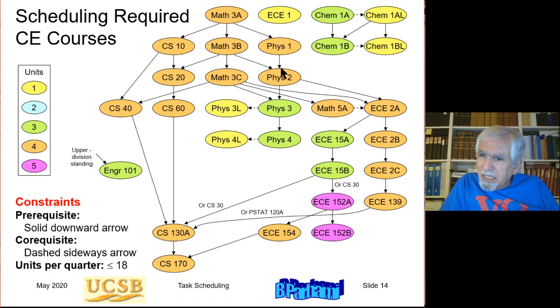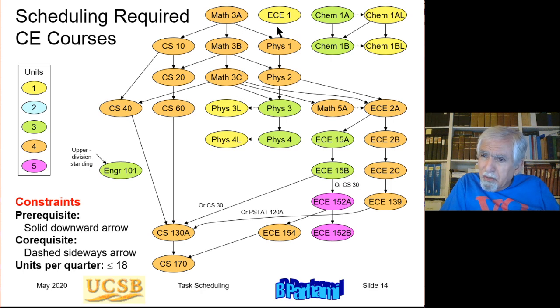You have to take Physics 1 before you take Physics 2. You have to take Math 3C before you take CS40. As I said, these may have changed over the last few years.